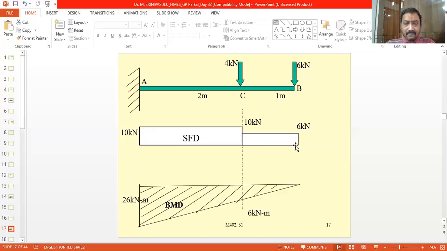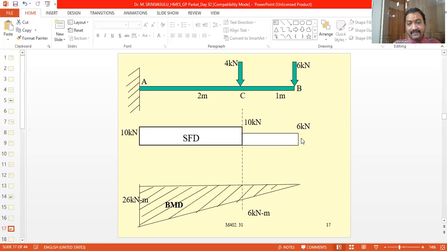So here, coming to the shear force diagram, as I said, this is the zero line. So the value on this line is 0. Now, what is the shear force at point B? The shear force at point B is equal to plus 6 kilonewtons. So this is the line.